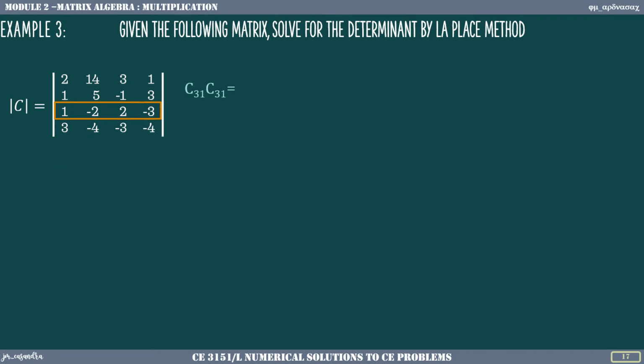So we start off with C31 times its cofactor, and we do that by eliminating the first column first. So we'll have this element, and then the minor matrix. 3 plus 1 is even, therefore we have a positive minor matrix.